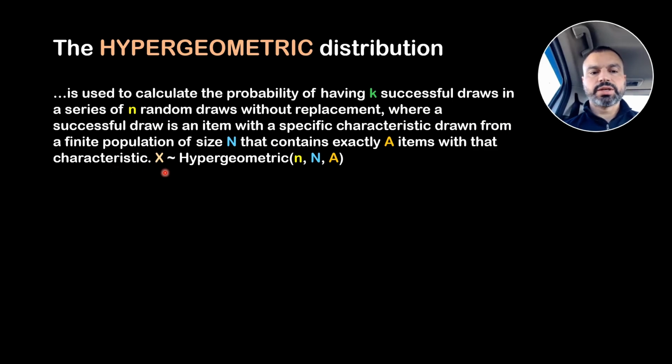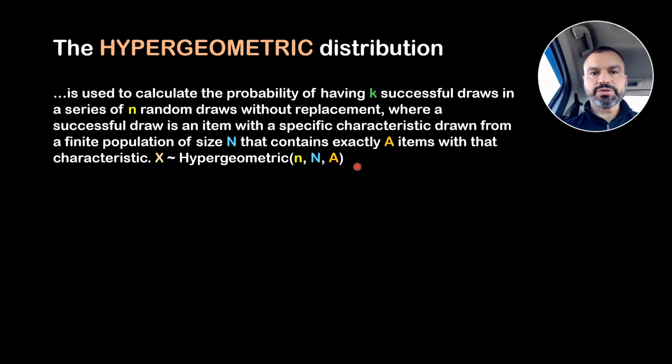And we say that the particular random variable x follows a hypergeometric distribution of parameters n, capital N, and a. So we have 3 parameters for this distribution.